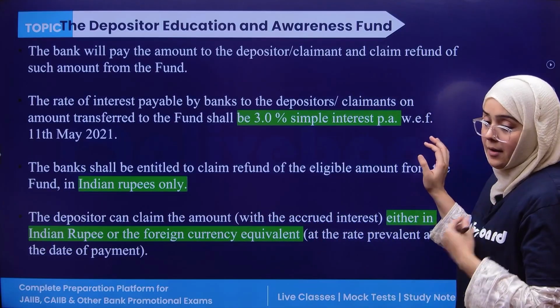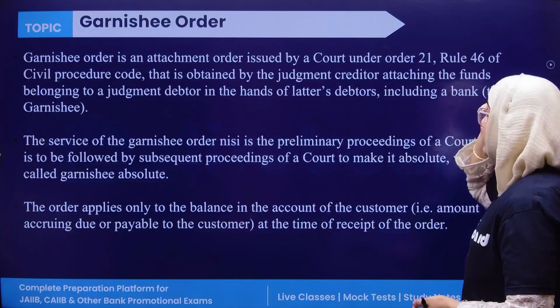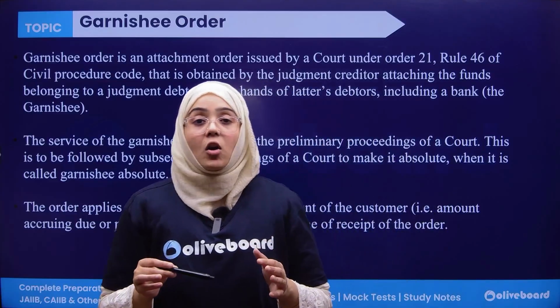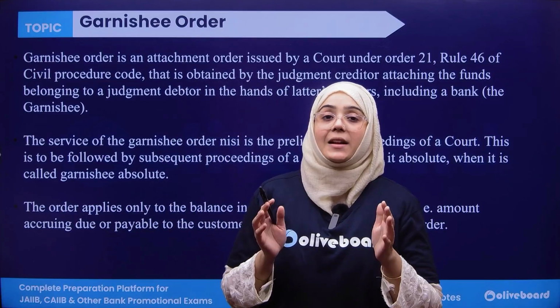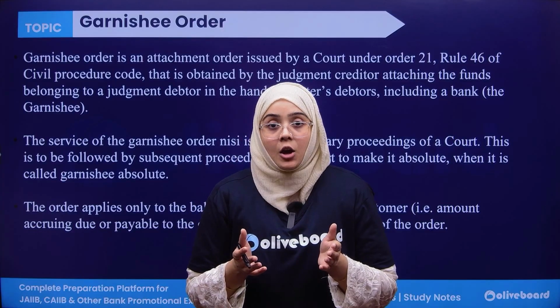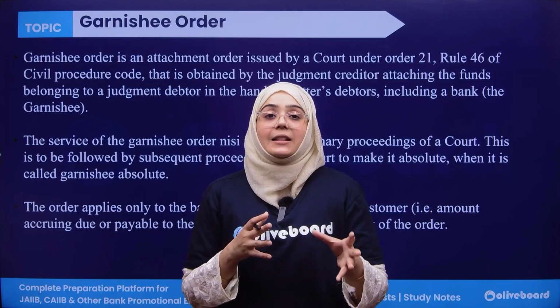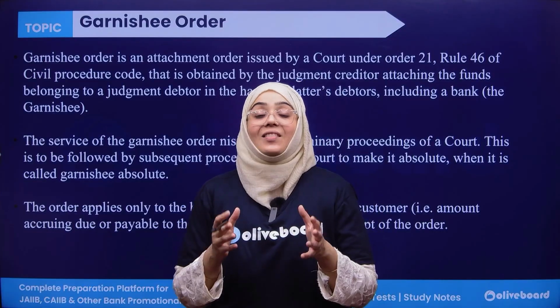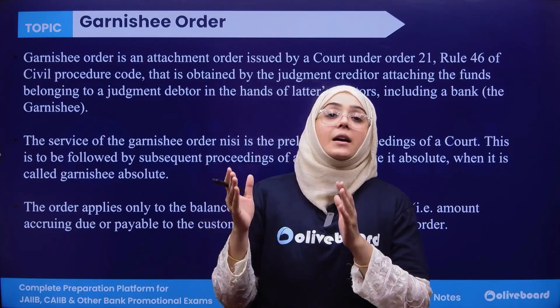Clear? Done? Very easy. Now next, what is a garnishee order? It is very important. See, a garnishee order is an order which is passed by the court in favor of the judgment creditor to attach or give back the amount to the judgment creditor if there is a debtor, if there is any amount left with the debtor.